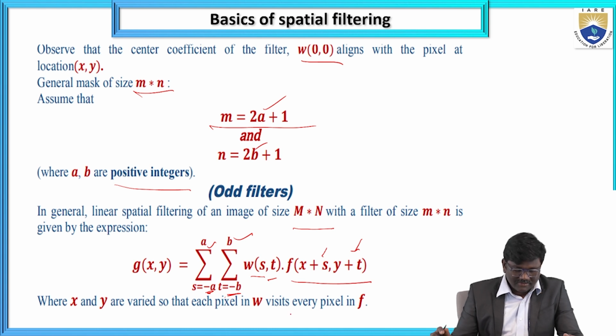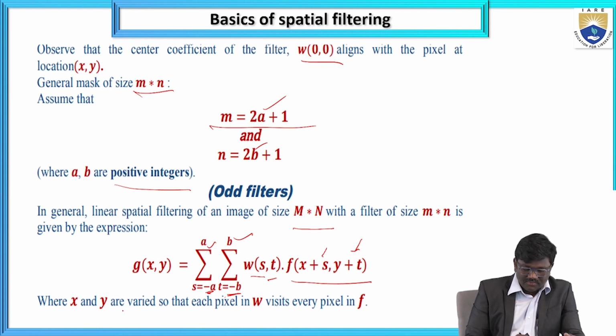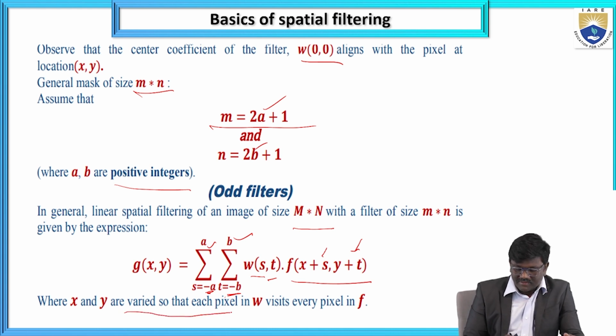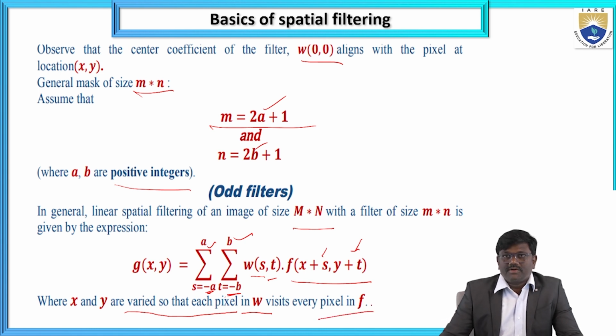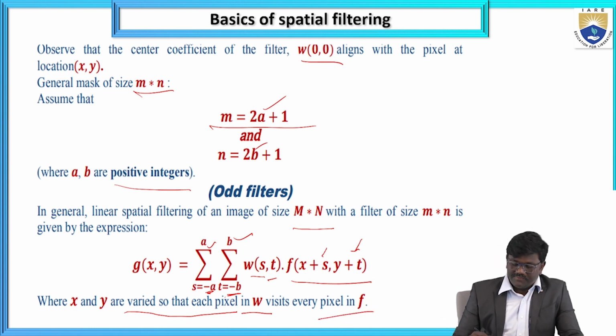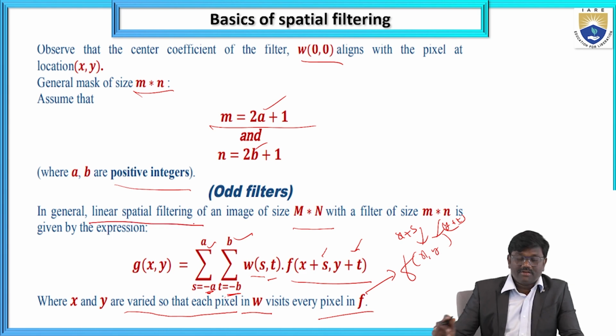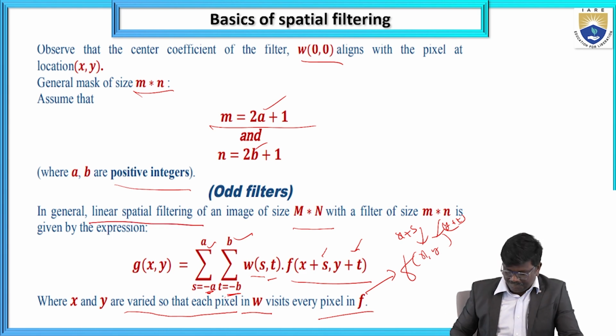As x and y vary, each pixel in the window w visits every pixel of the function f. This is what we keep in linear filtering processes.